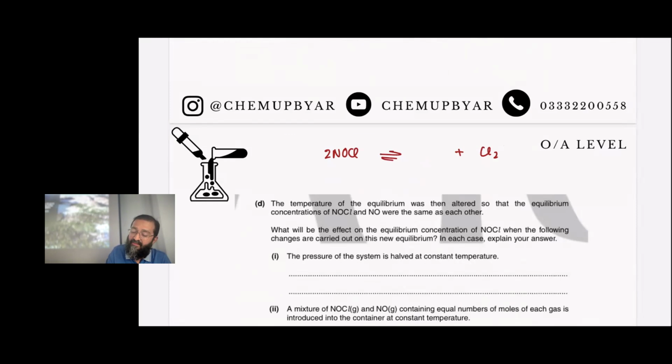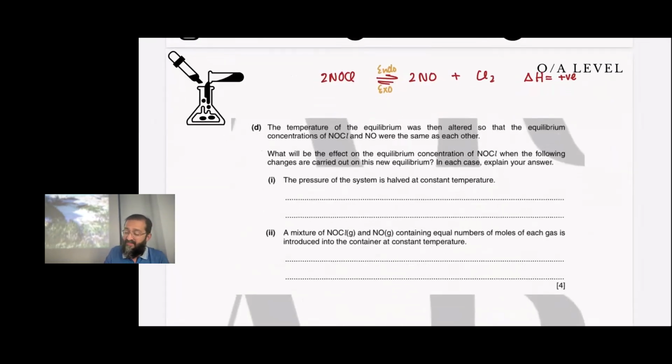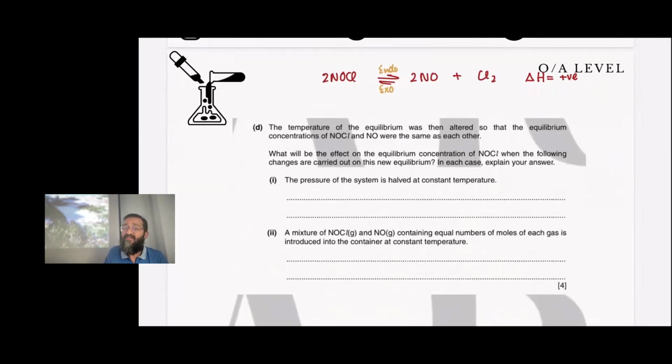Yes, all are gases. And we further got that the delta H is positive, which means that the forward reaction is endothermic and the backward reaction is exothermic. That's what we concluded in the last part.